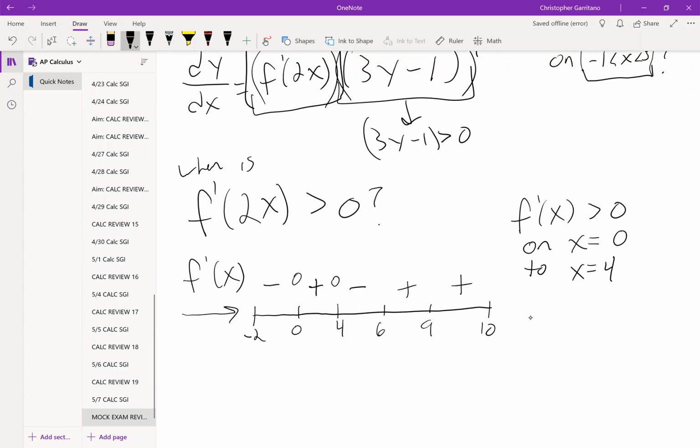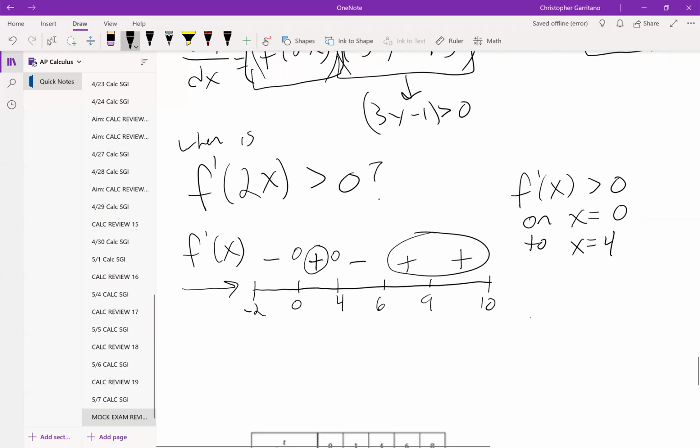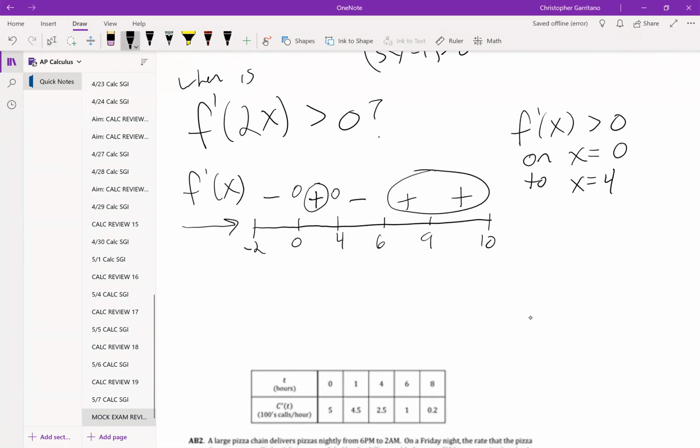So we have found that f prime of x is positive from 0 to 4, and also from 6 to 10. So we can set up the following intervals.